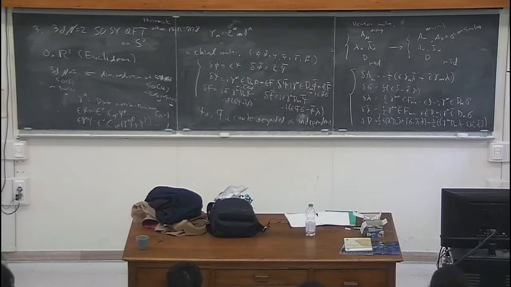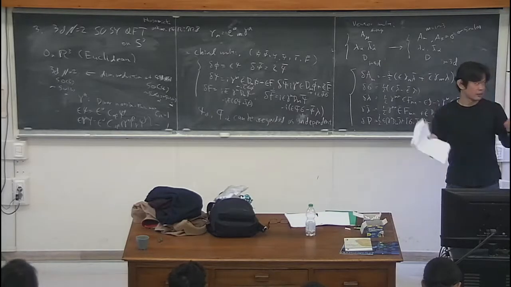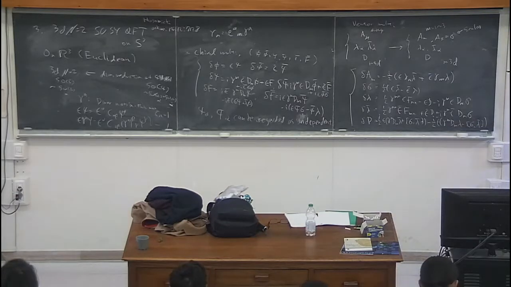But if we add some VEV to the auxiliary field in a supergravity multiplet, then sometimes we can find such a manifold as a solution of the theory, which keeps the supersymmetry. Then using the supersymmetry transformation or supersymmetric action with that VEV to the auxiliary field and taking the G Newton goes to zero limit, we have a rigid supersymmetric quantum field theory on curved space like S3. We can sometimes use such things.